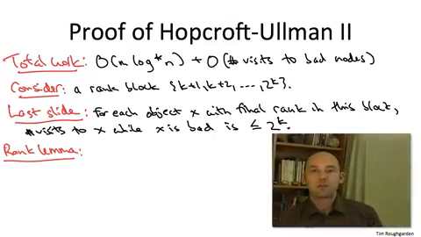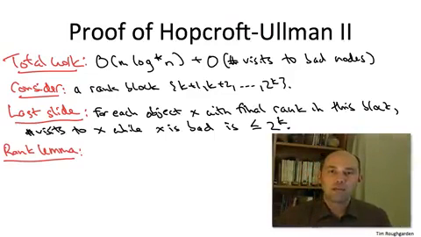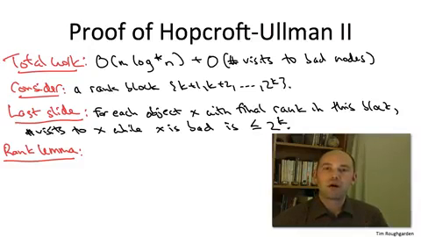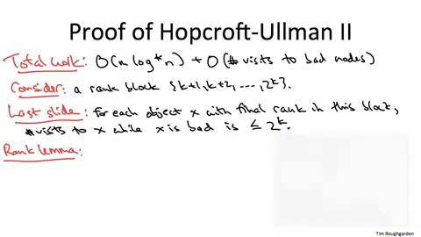Now let's use the other building block, the rank lemma. The rank lemma, you'll recall, says that at any given moment in time and for any possible rank r, the number of objects that currently have rank r cannot be any bigger than n over 2 to the r. So let's use the rank lemma and apply it to upper bound how many nodes could possibly have their final frozen rank somewhere between k plus 1 and 2 to the k.